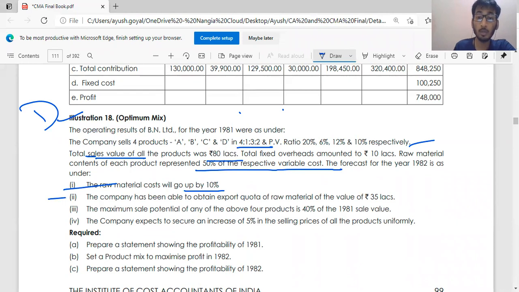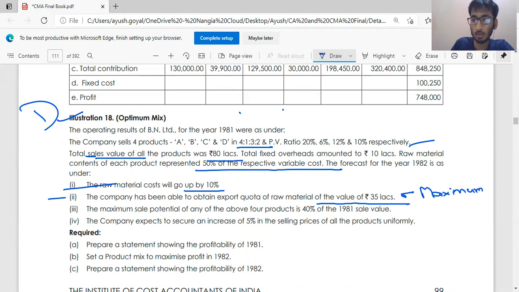The company has been able to obtain an export quota of raw material of the value of 35 lakh. So in this question, we have raw material as a limitation, because the maximum value of raw material which would be available to us for the next year is 35 lakh.